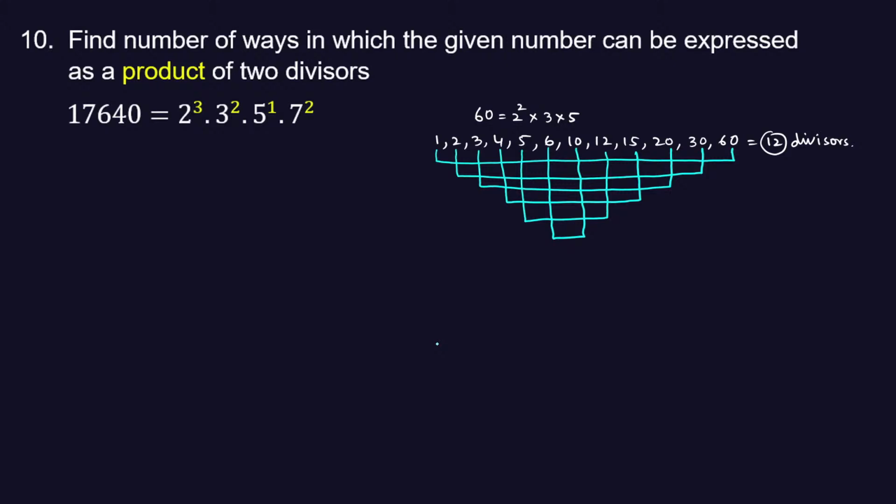Yes or no? So in how many different ways have you expressed 60 as a product of two factors? 1 into 60, 2 into 30, 3, 4, 5, and 6. There are 6 ways.